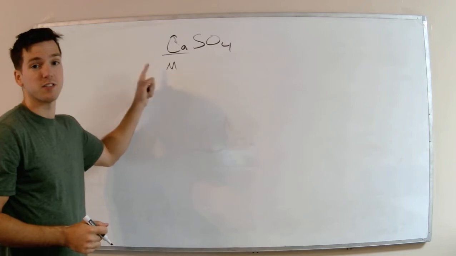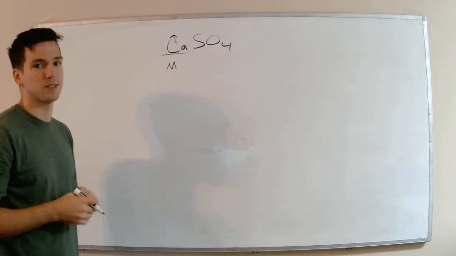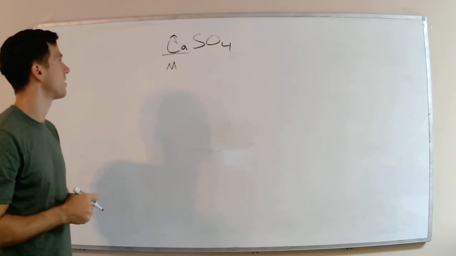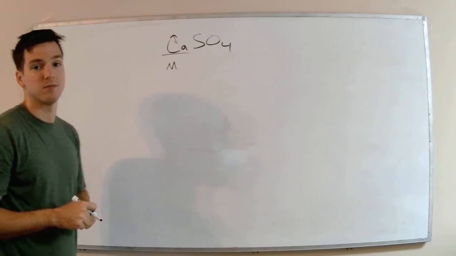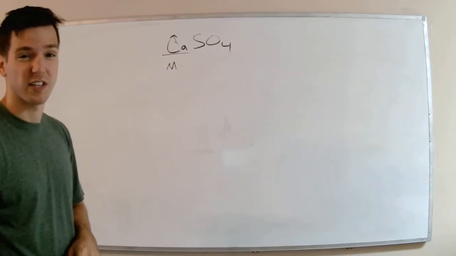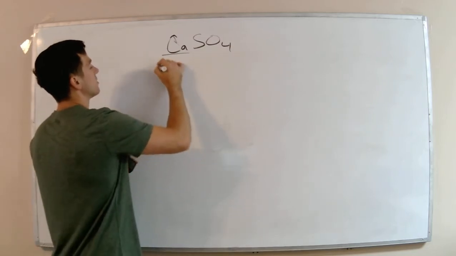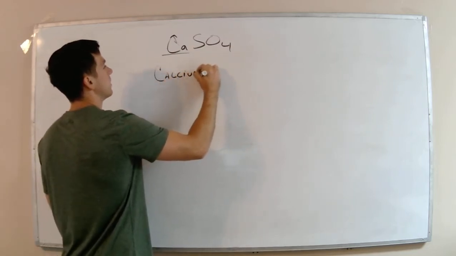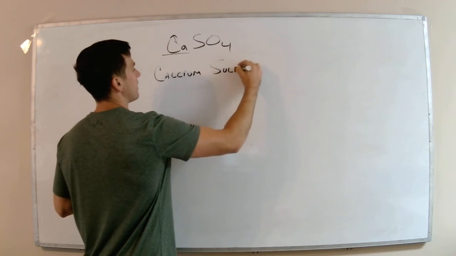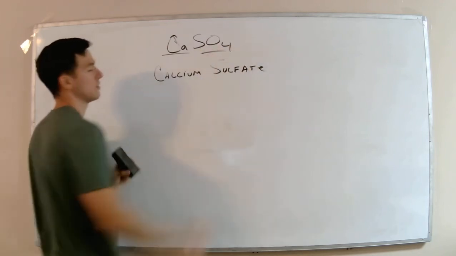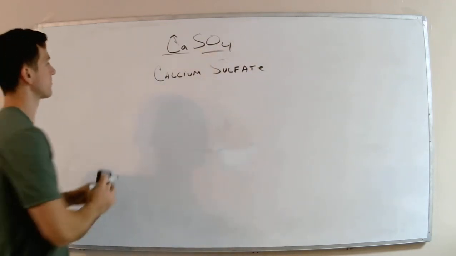Is calcium a transition metal? No, it's not a transition metal. It's already got a +2 charge, it's fixed, it is an alkaline earth metal, so we're just naming this guy. So this is just calcium sulfate. Calcium and the polyatomic ion.